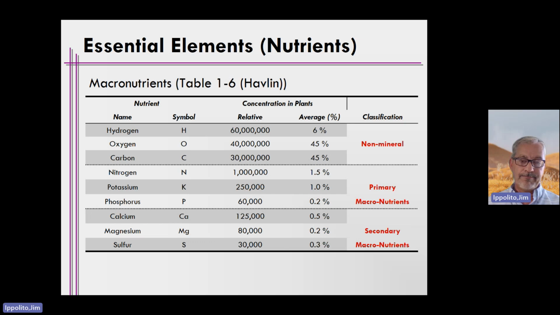We really can't. Hydrogen and oxygen come from water or the splitting of water. It's called hydrolysis. Can we, for the most part, manipulate the amount of water we apply to a crop? It depends, right?